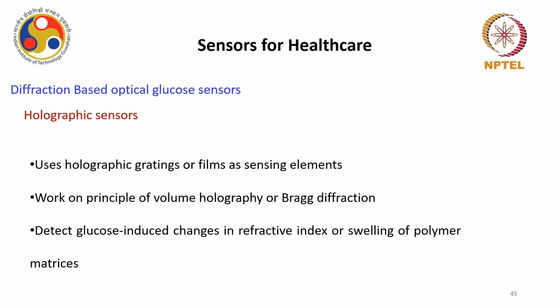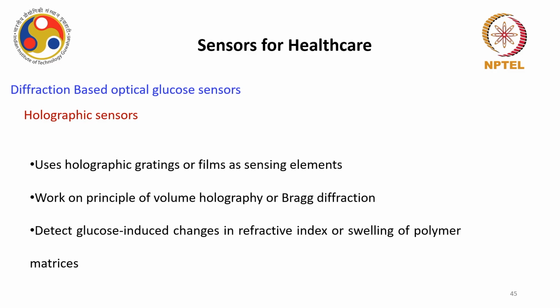Okay, therefore, people have started looking for other kinds of optical glucose sensors also, and then they have come up with another kind of glucose sensor which is based on the diffraction phenomena, and these sensors are known as holographic glucose sensors.